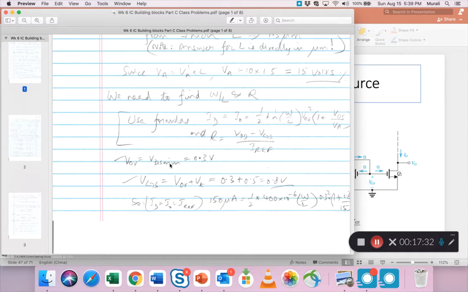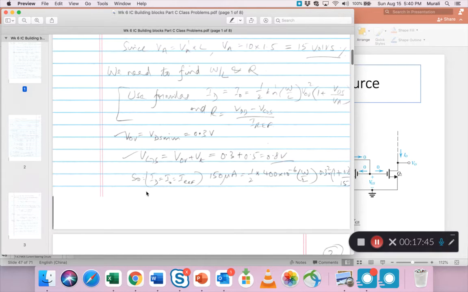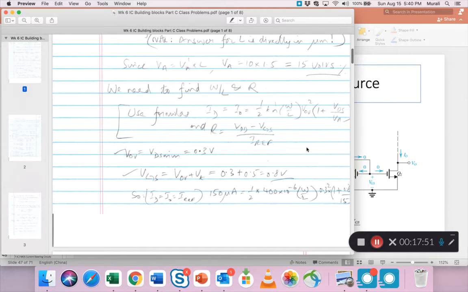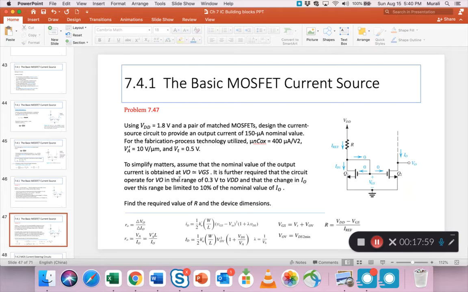So VOV is given, VDS min, which is 0.3 volts. VGS is VOV plus VT, that's 0.8, and you need to substitute. So ID equals I reference, right? And this VGS is what we are going to use in place of VDS, because that's what he says to use, right?